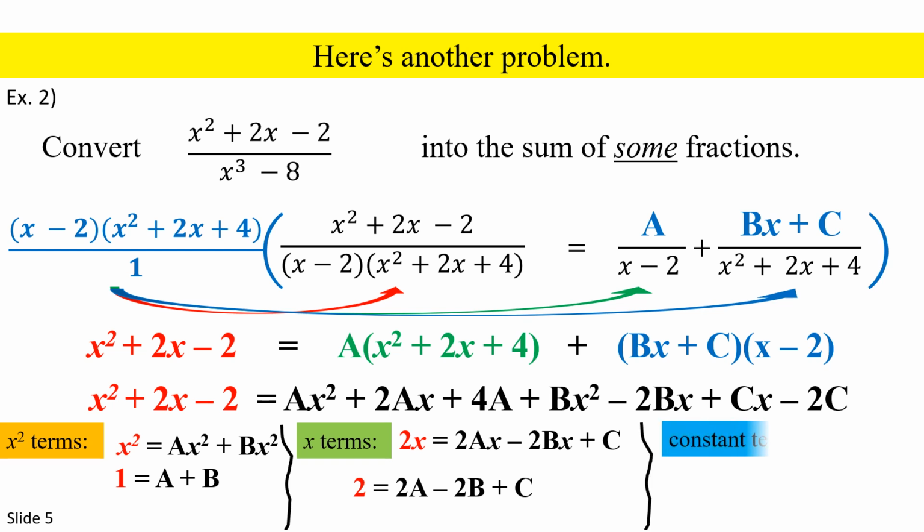And our constant terms, negative 2 on the left equals 4a minus 2c on the right.